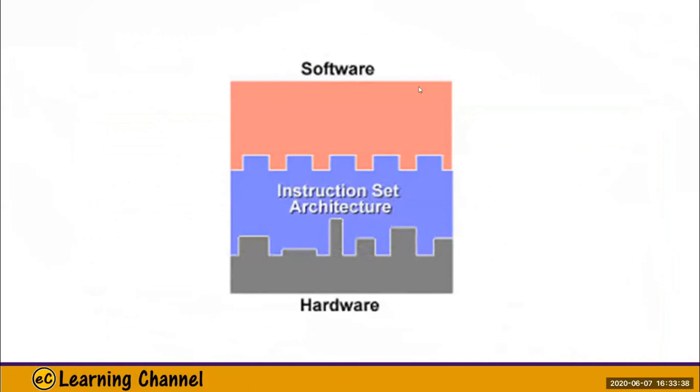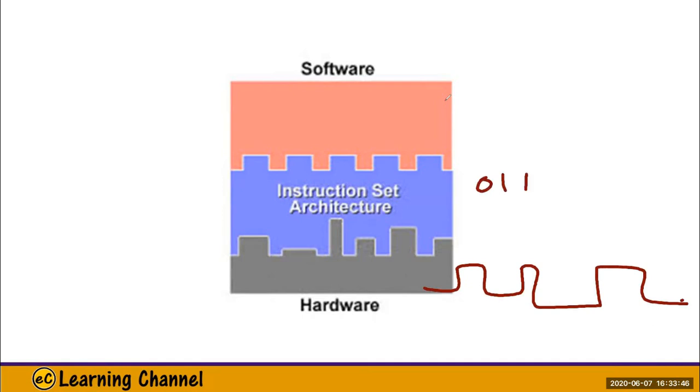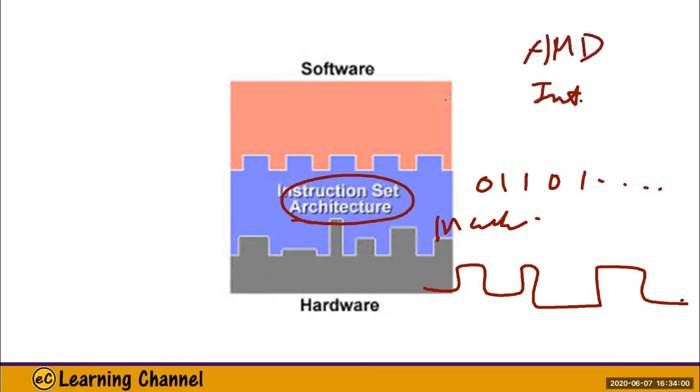Our software has an interface with the hardware. Hardware is high voltage, low voltage. We have instructions that take in 0101. So this side is the machine. The interface between your machine and your software is called the instruction set architecture. AMD and Intel share the x86 instruction set architecture.